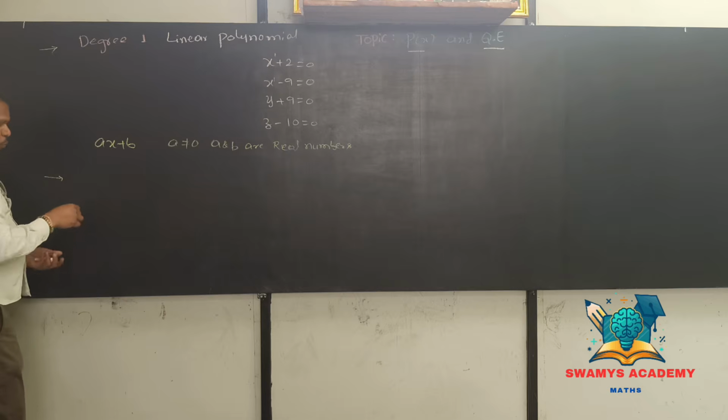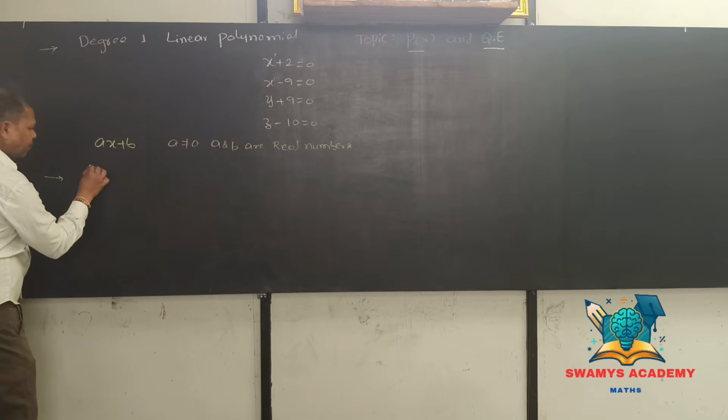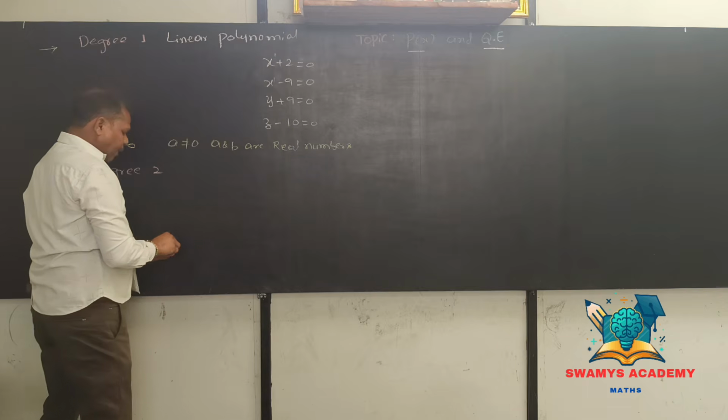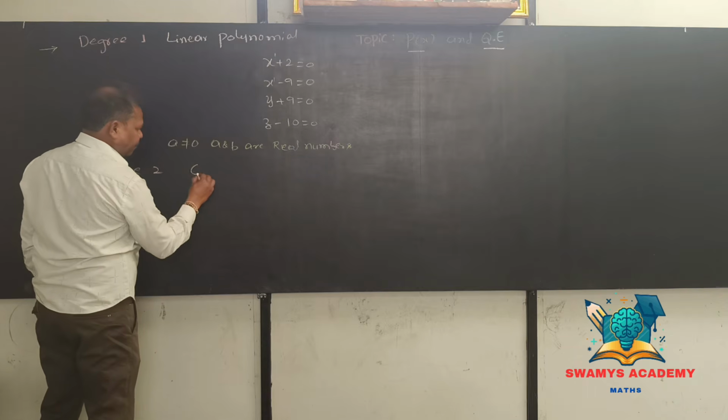And if the degree is 2, that will be called a quadratic polynomial.